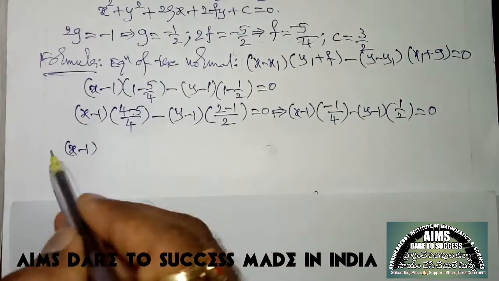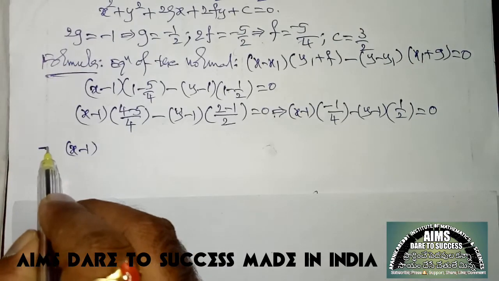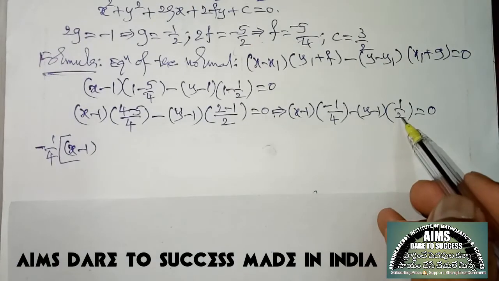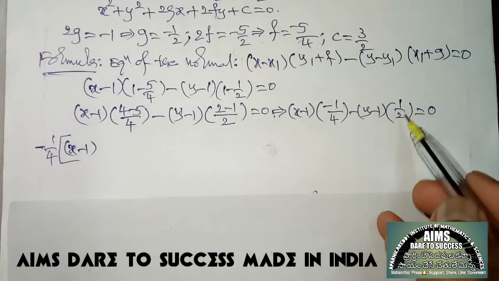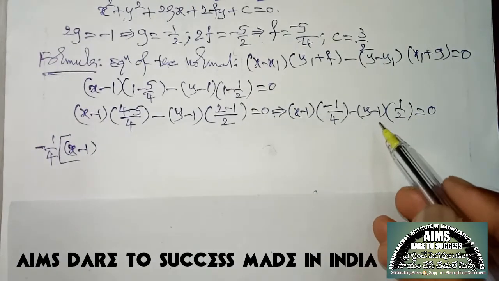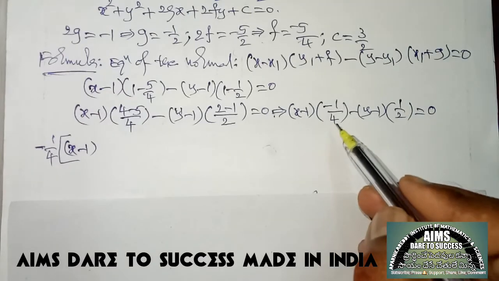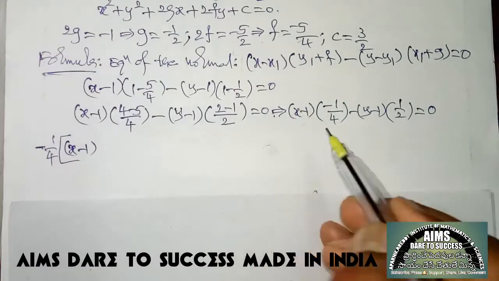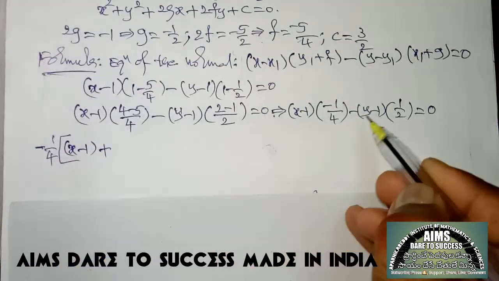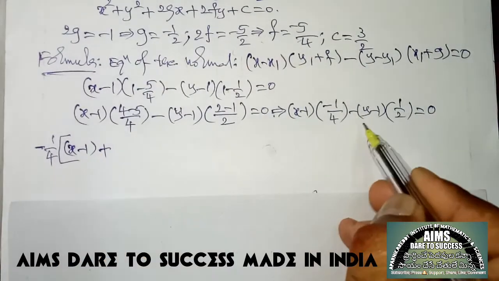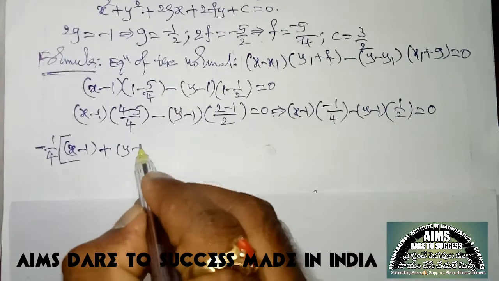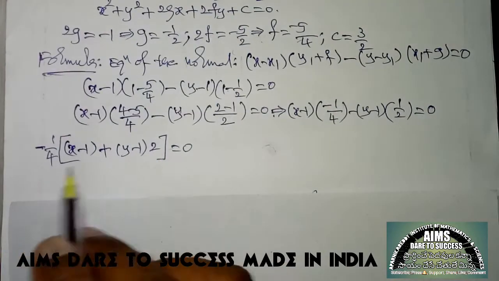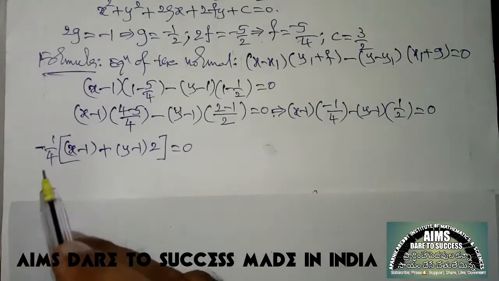So directly I want to take −1/4 as common. Why? Because here also we will multiply and divide by 2, we get 1/4. Here minus symbol, here minus symbol. So directly taking −1/4 common, remaining (x − 1). After taking minus outside, here only plus is there, so (y − 1) into 2 is equal to 0. Cross multiply inside, you will get the same value, but don't multiply.